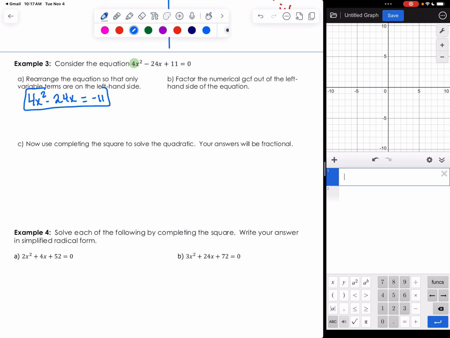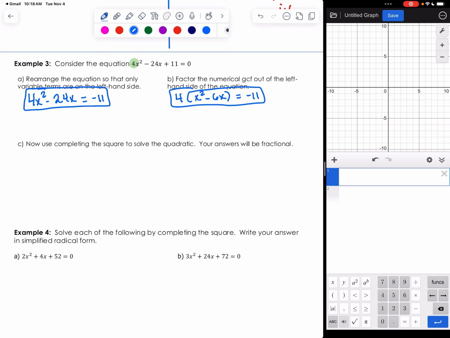So we rewrote that equation so that it only had variables on the left-hand side. Now, in part B, it says factor out the numerical greatest common factor. So our numerical greatest common factor is 4. So if I divide each of those terms by 4, 4x squared divided by 4 would give me x squared. Negative 24x divided by 4 would give me negative 6x. And that's equal to negative 11.